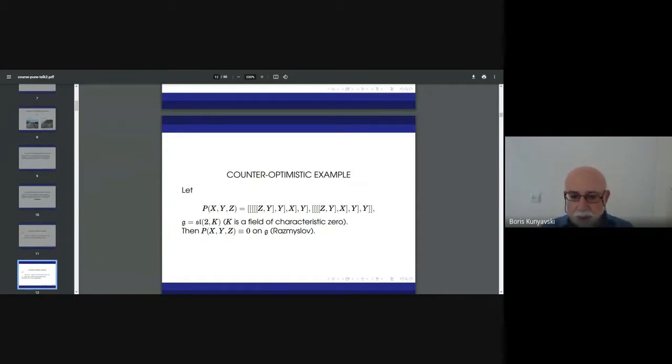I told you about that last time. Razmyslov and, independently, Formanek discovered many interesting polynomials, say associative but non-commutative.